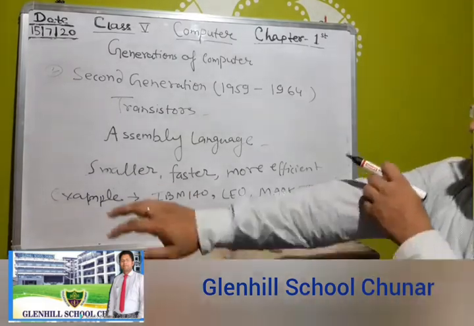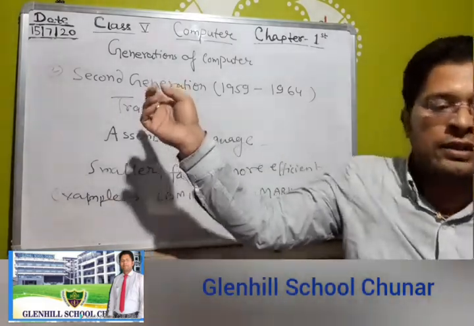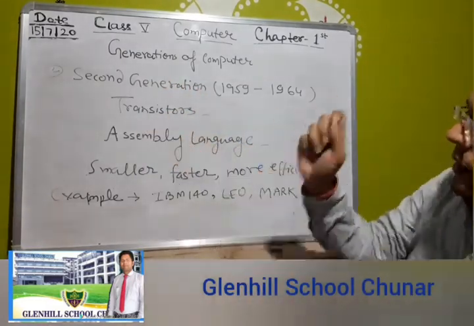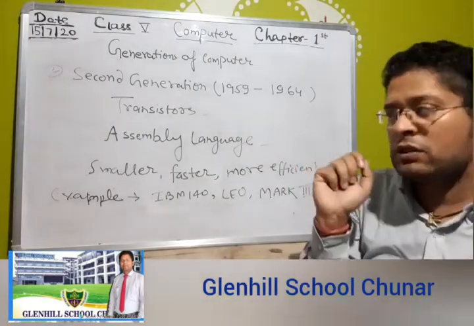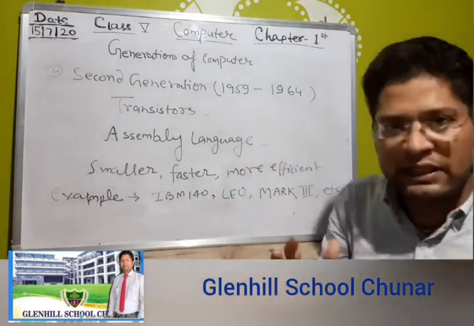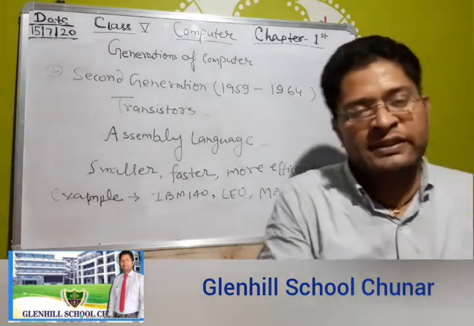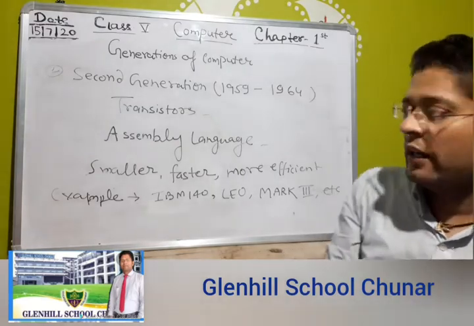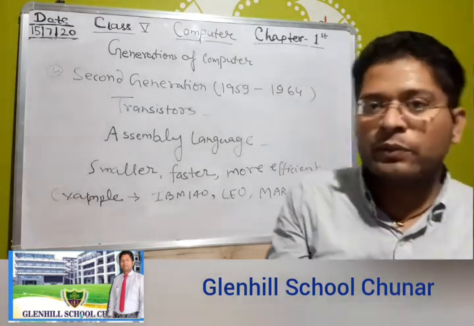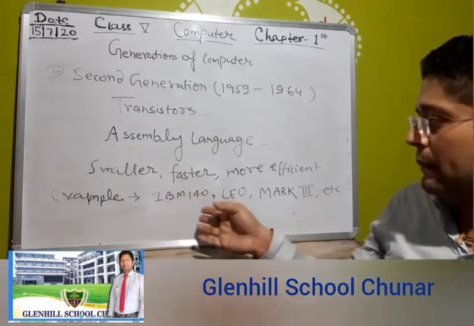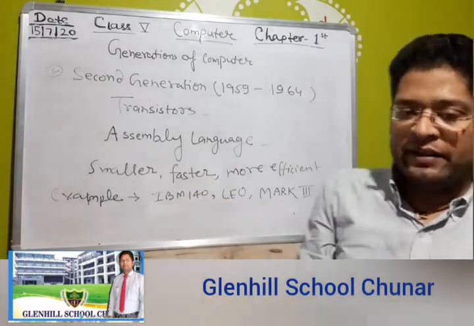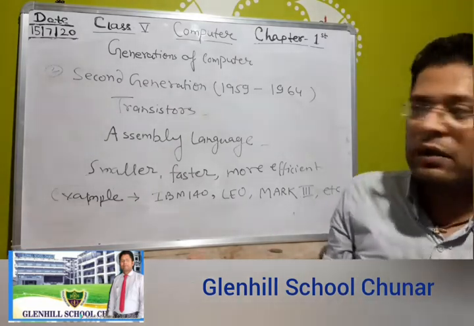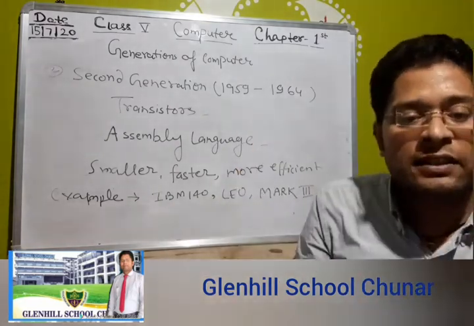So the electronic component is the transistor, the language is assembly language, and it is smaller, faster, and more efficient compared to the first generation. IBM 1401, Leo, and Mark III are example computers of the second generation.